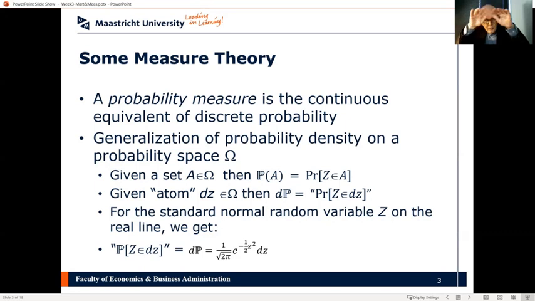And of course, when you move to a continuous random variable, now you have to introduce this concept of probability density. And if you go from the real line to an even larger space, which we usually denote by the Greek letter capital Omega, then we can generalize the notion of a probability density function to what's called a measure on a probability space.